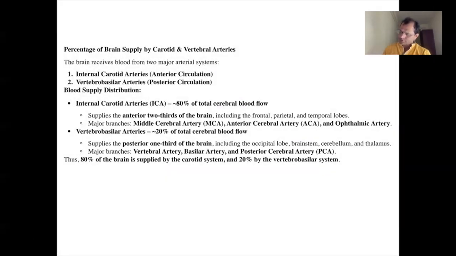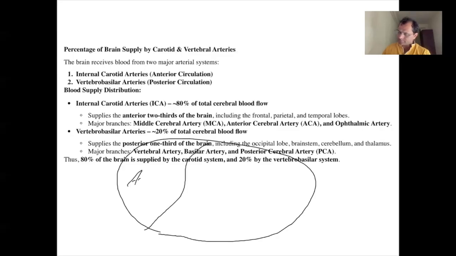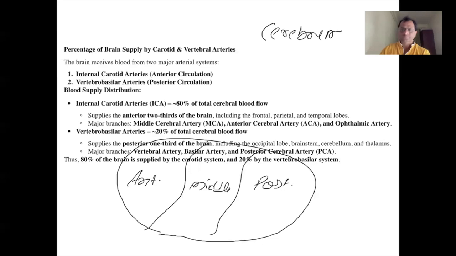Suppose this is the brain: the anterior part of the brain, the middle part of the brain, and the posterior part of the brain. The other name for the brain is cerebrum, or cerebellum, whatever.